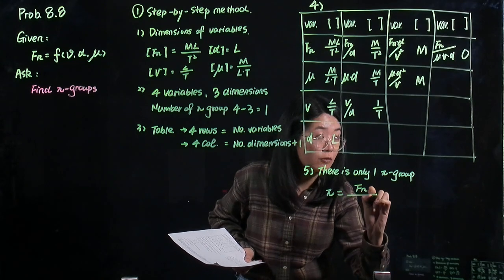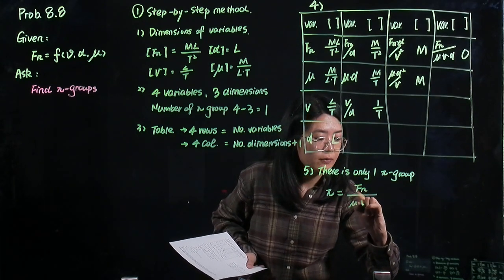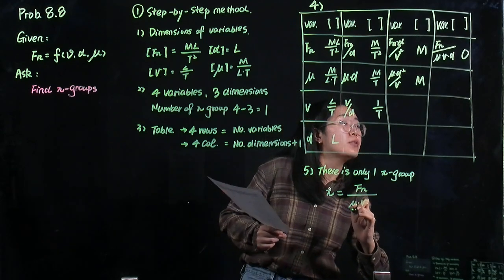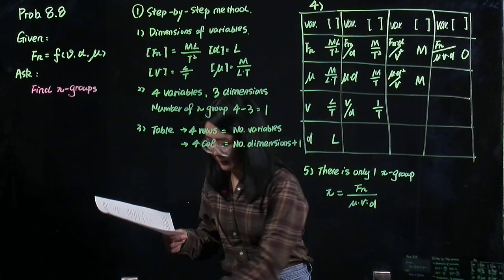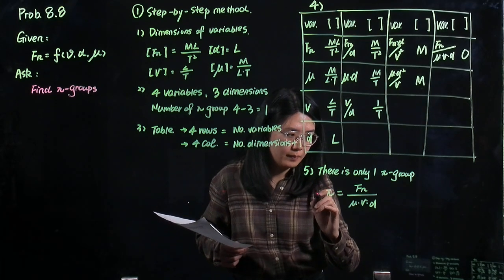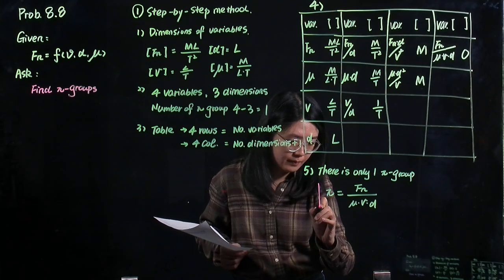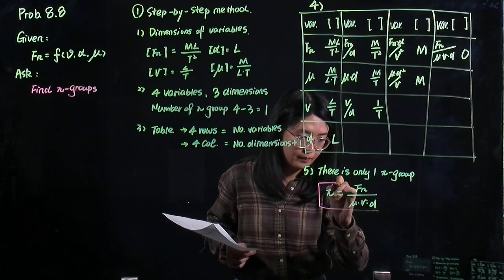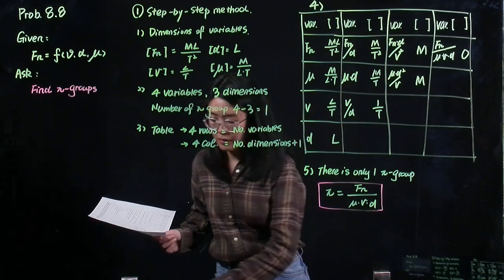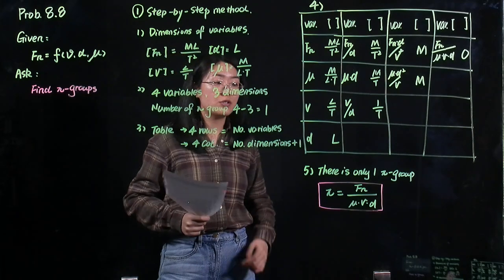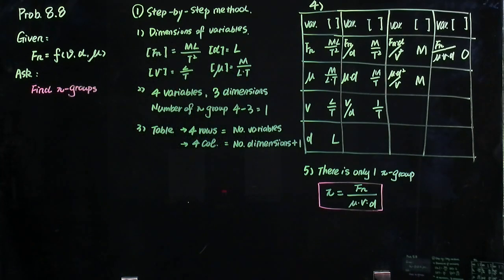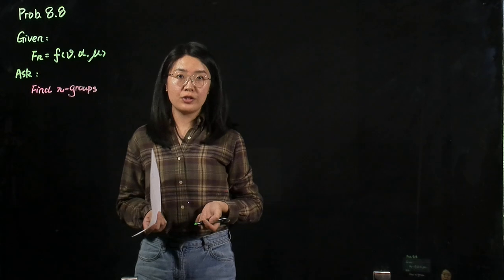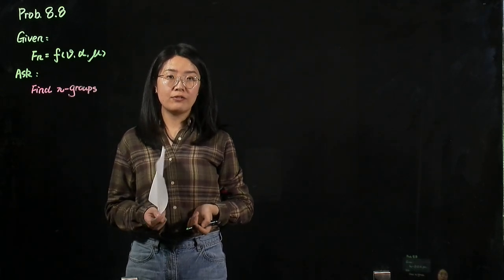It's Fd over mu times V times D. Okay, so we just used the step-by-step method to solve problem 5.